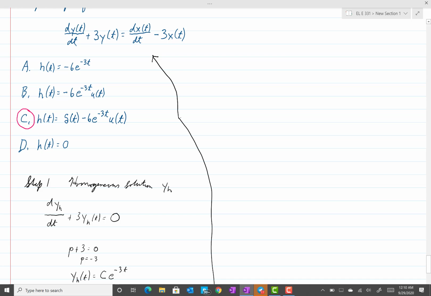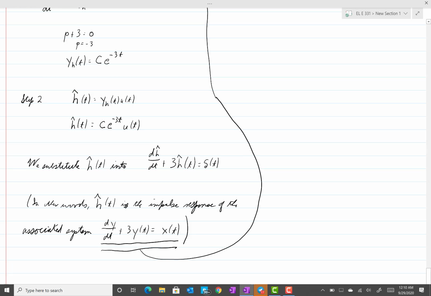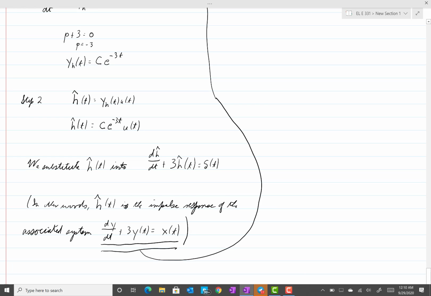But on the right-hand side, instead of having all this complicated expression dx/dt minus 3x of t, we simply have x of t. So the strategy on these problems is to find the impulse response of the associated system first. It's simpler. And then you can find the impulse response of the original system.